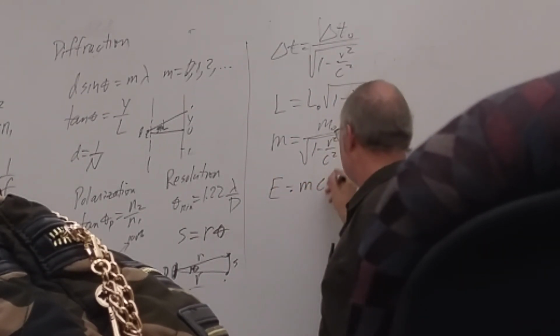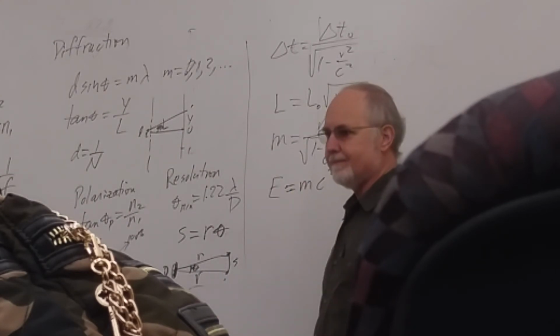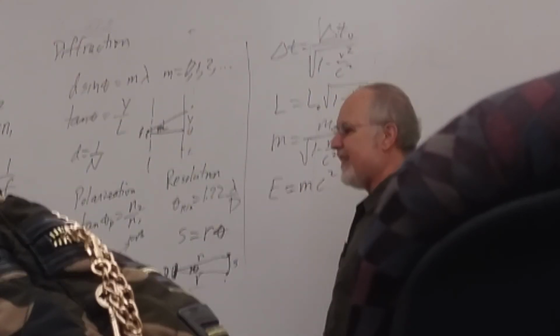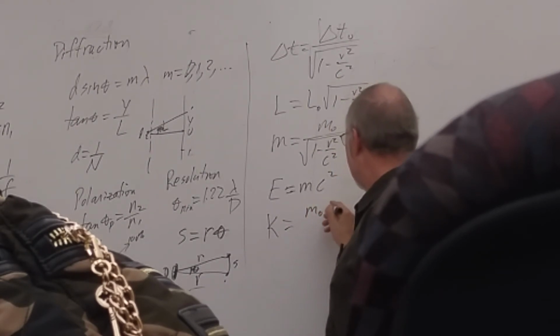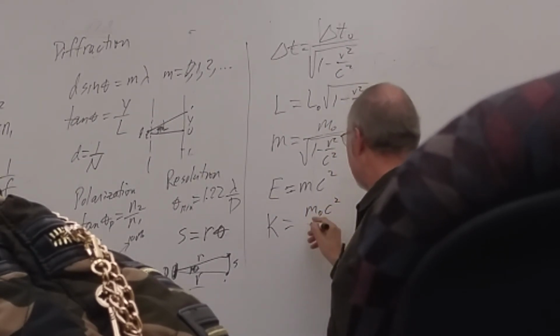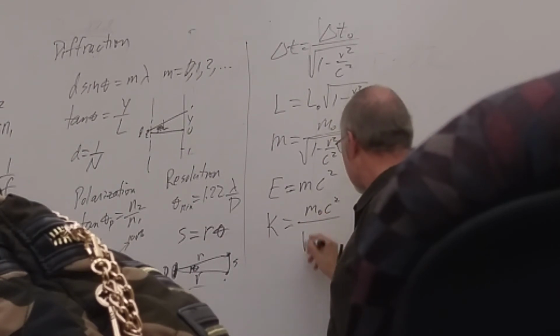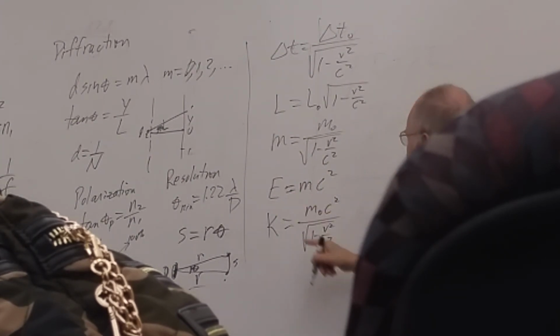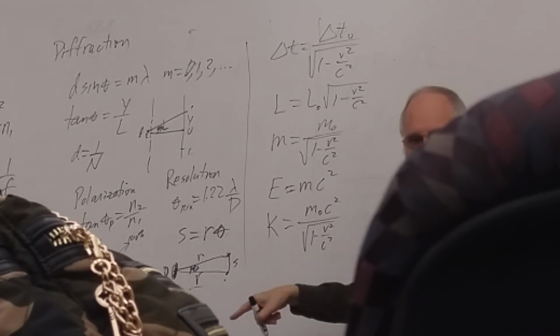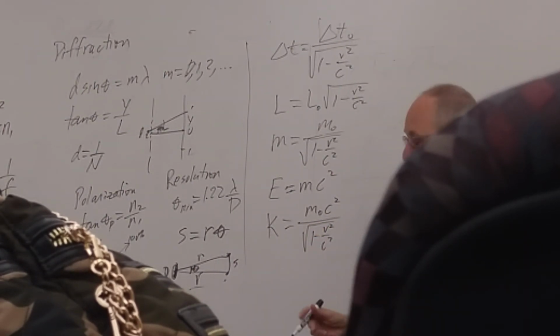Energy is mass times the speed of light squared, E equals mc squared, Einstein's equation. And then the relativistic energy is m naught c squared over the square root of 1 minus v squared over c squared. So this would be the total energy of that mass when it's moving.